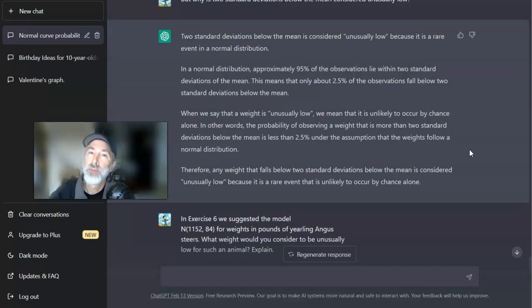Now, part of the secret to getting artificial intelligence to work properly is to be able to ask really good questions. There's an old saying in working with computers: garbage in equals garbage out. So simply typing a problem into ChatGPT may not be the best way to get an answer to a problem.